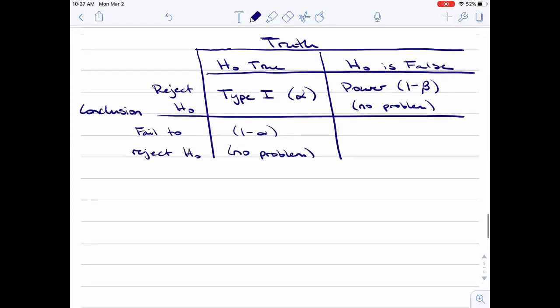And if we fail to reject H naught but H naught is false, then we've got a type 2 error, which happens with a probability of beta, and we don't pay much attention to betas or type 2s. I'll move type 1 up here. So here's an error, actually, write it in red, and type 2 error.